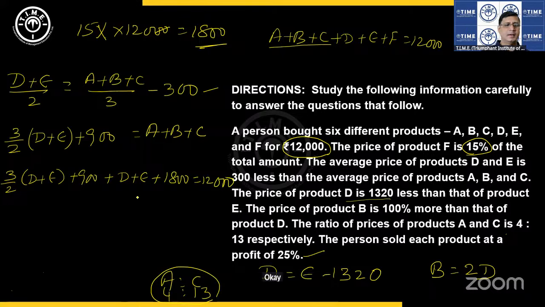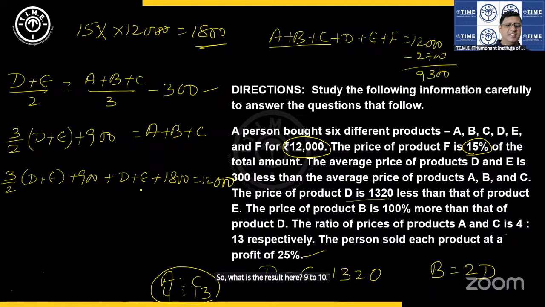Okay. Simplify. 900 plus 1800, that is 2700. Subtract from 12,000. So 12,000 minus 2700. What is the result here? 9,300.